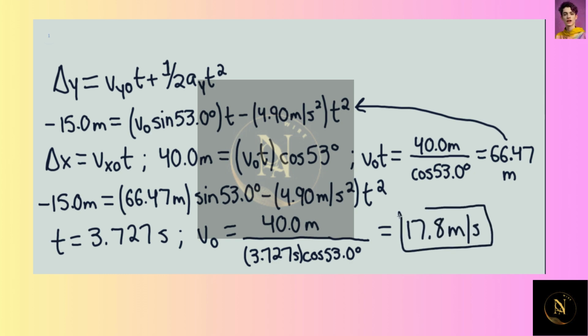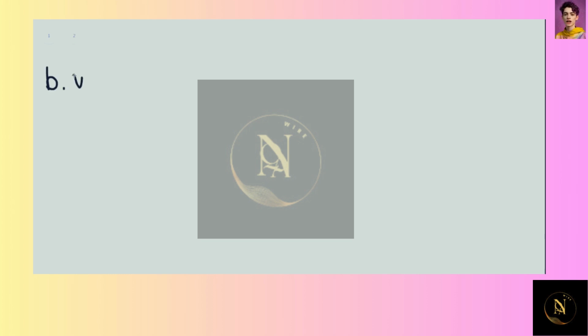This would be your initial velocity at that initial angle of 53 degrees. Now, we need to use these values in order to find where he would be if this was only half that. So this would be your answer for part A.